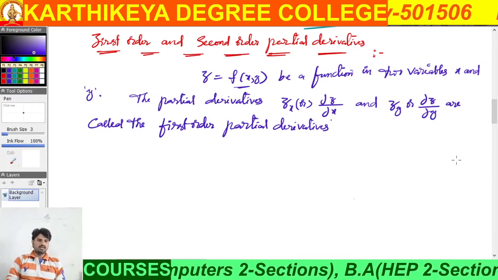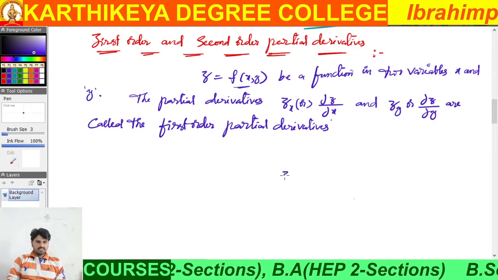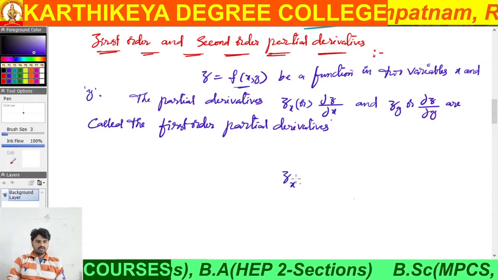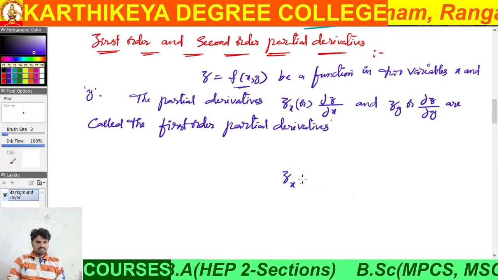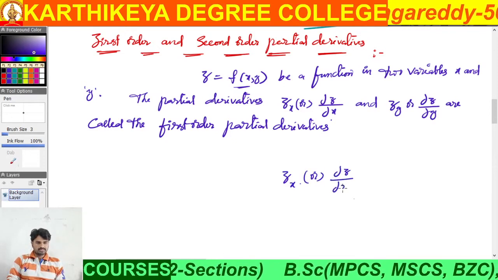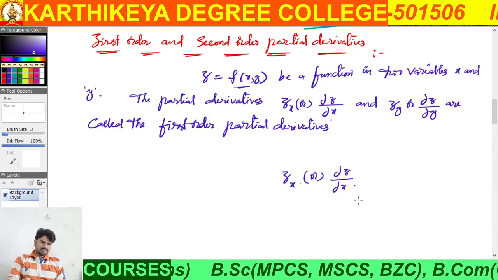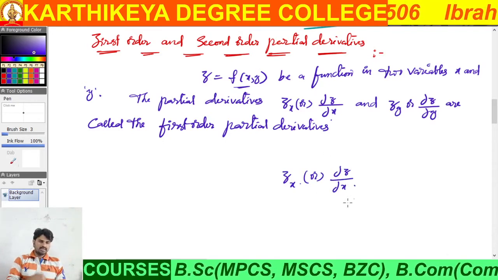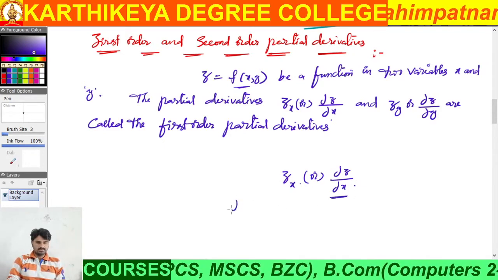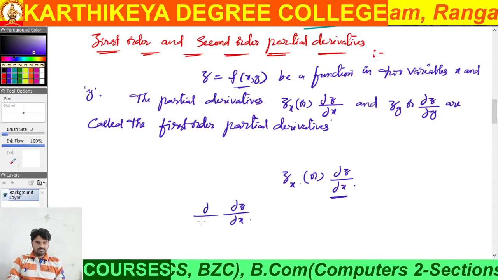Okay students, now suppose you differentiate z with respect to x here, you can get z at x, or simply this can be written as dou z by dou x. If you want to differentiate this function again with either of the variables, first I am going to take this dou z by dou x and differentiate with respect to x.